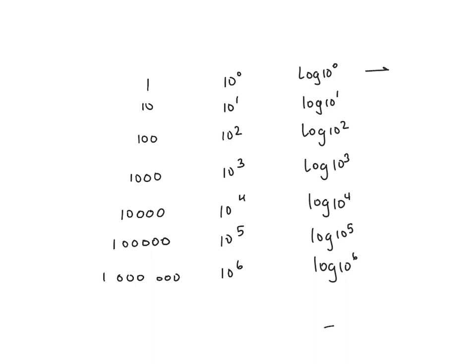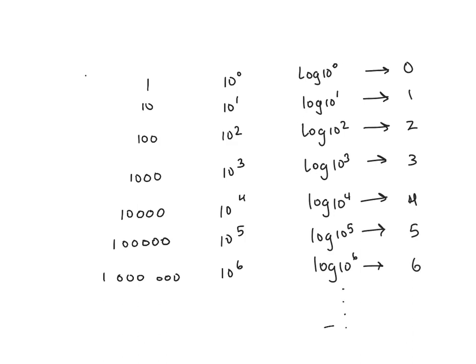So log base 10 of 10 to the 0 power is 0. Log base 10 of 10 to the first power is 1. Log base 10 of 10 squared is 2, and 3, and 4, 5, and 6, and so on.